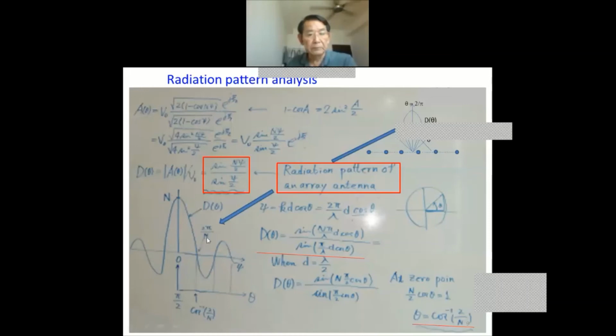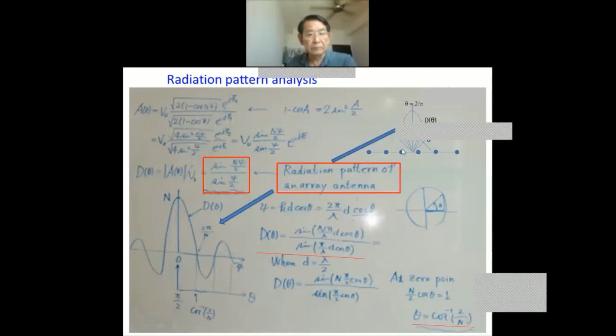This is the radiation pattern depending on ψ. However, ψ is this function, so we can convert to θ. At ψ equals 0, θ becomes half π.